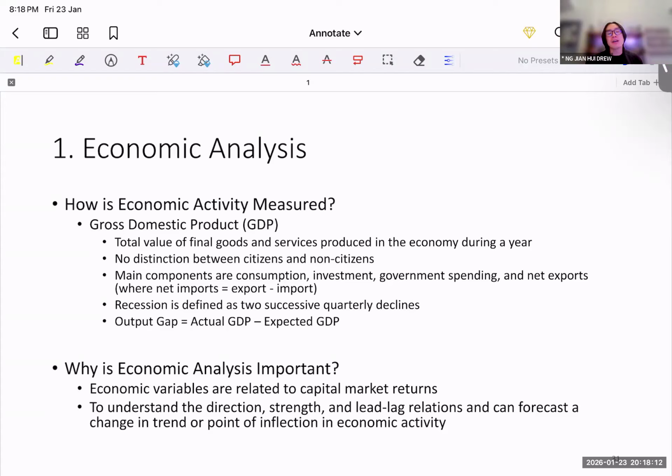So generally, higher GDP is better, right? There could be a GDP gap or output gap where the actual GDP is less than expected GDP. And if there are two quarters of decline in GDP, generally we consider this a recession.